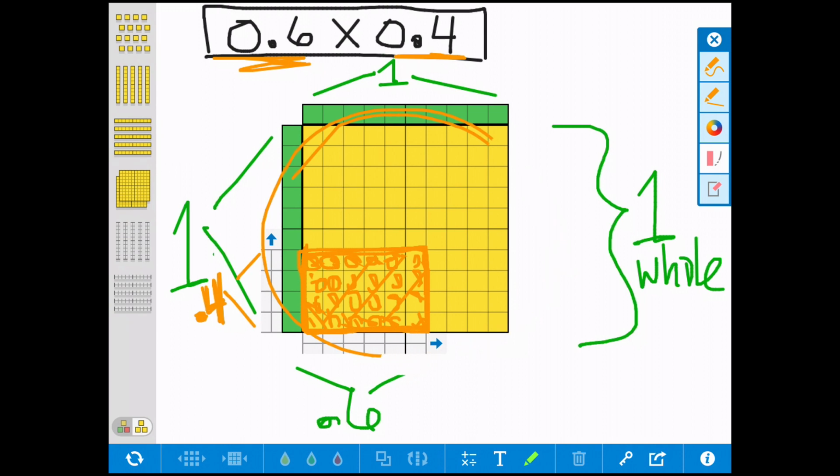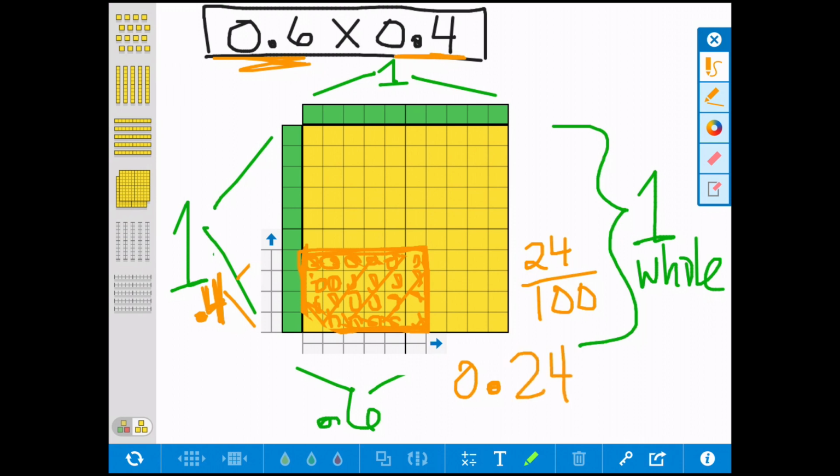So if this whole thing represents one whole, that whole yellow thing, these 24 little squares represent 24 out of 100, which is 0.24, 24 hundredths. So 0.6 times 0.4 equals 0.24.